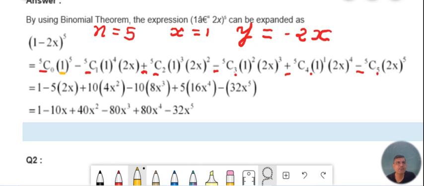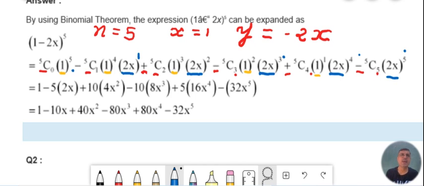So 1 raised to 5, then the power decreases, 4, then 3, then 2, then 1, and there is no 1 at the end. And in the beginning there is no 2x, it will start from the second term. 2x raised to 1, then 2x raised to 2, 2x raised to 3, 2x raised to 4, 2x raised to 5, and that's all.